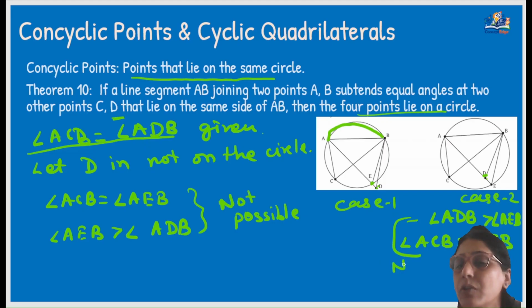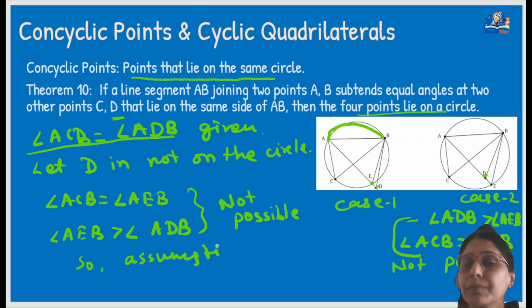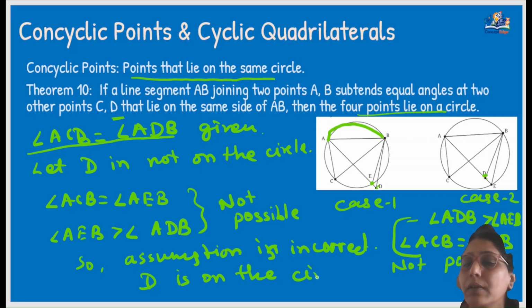So this is also not possible. So the contradiction is wrong, the assumption is incorrect. So D is on the circle. I hope you get this one.